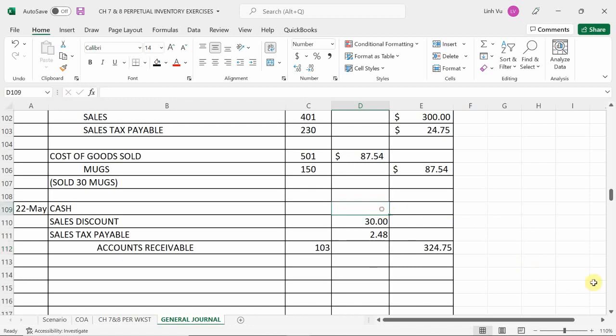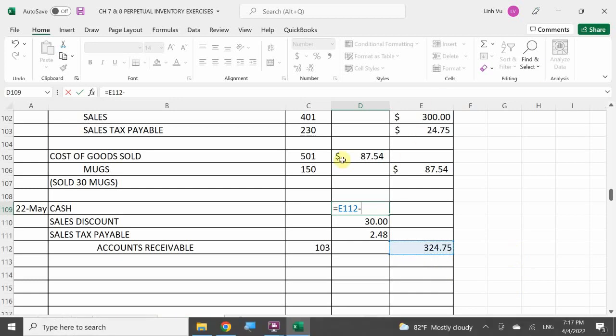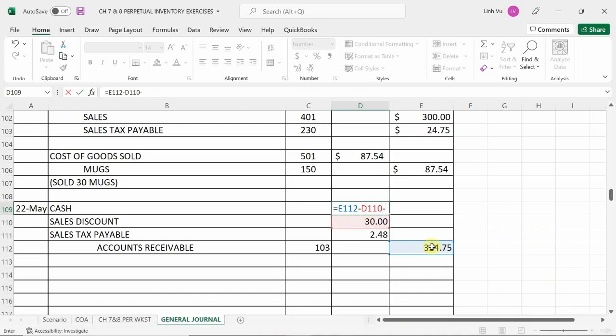Okay? So in this case, what I'm going to do is I'm going to take the amount that he owes me, of $324.75, okay? I'm going to subtract the discount of the $30, and I'm also going to subtract that $2.48 that we have to take back for the tax that we originally charged.